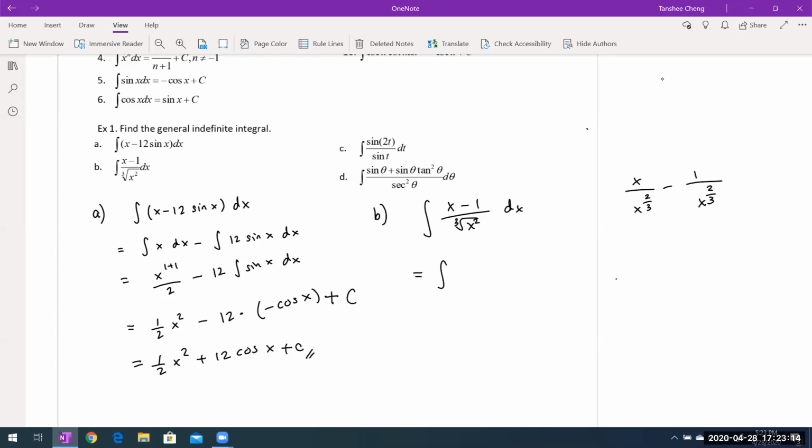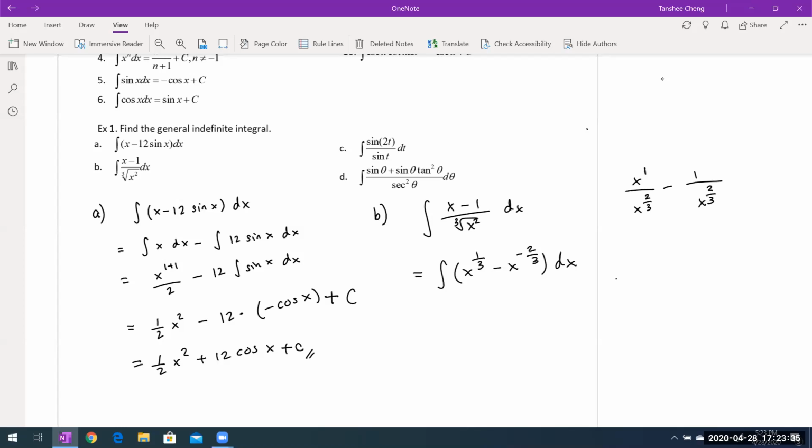When you simplify, the numerator of the first term has x, so this will become x to the 1/3 power minus x to the negative 2/3 power, dx. Now I can take the antiderivative of this function, which is the integral.